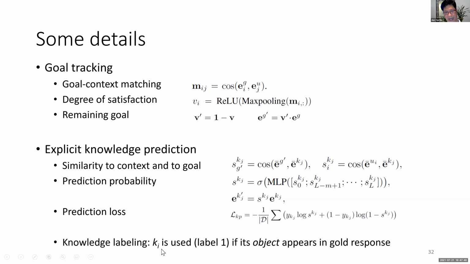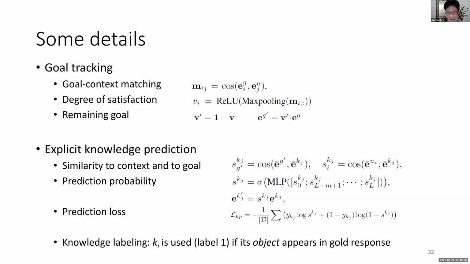That is, Ki will be labeled as 1 if we observe that the object of the triple Ki is used in the goal response. In that case, we can say this piece of knowledge has been used by the human to generate the goal response, so Ki should be labeled as 1.